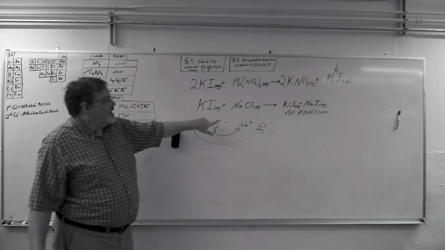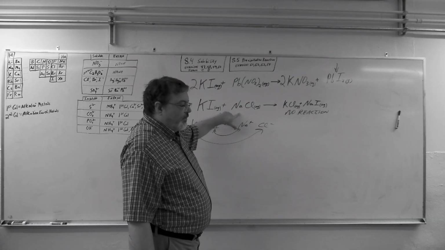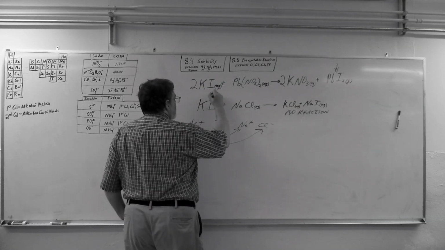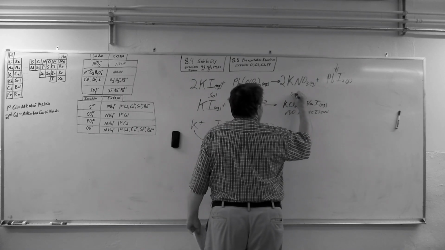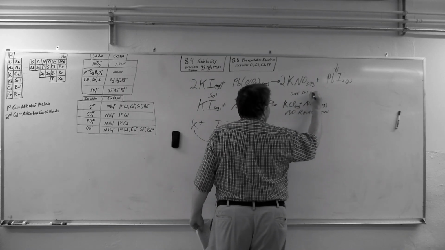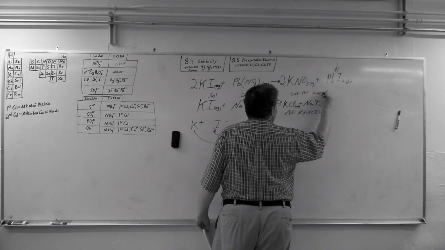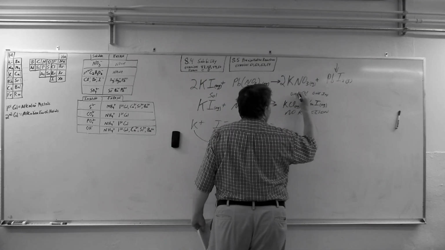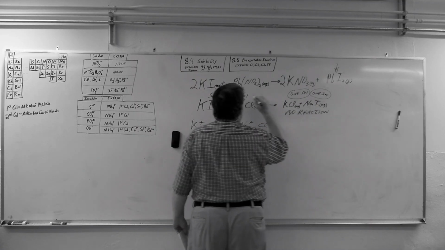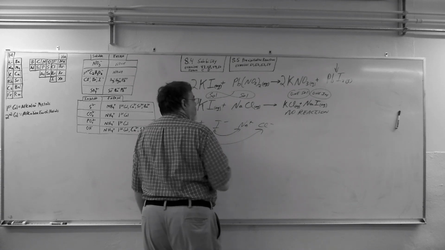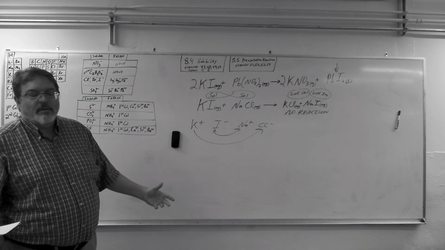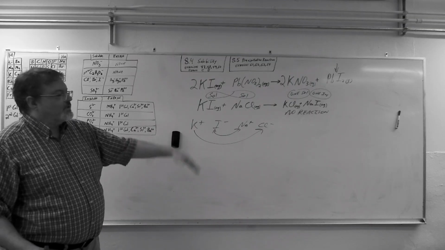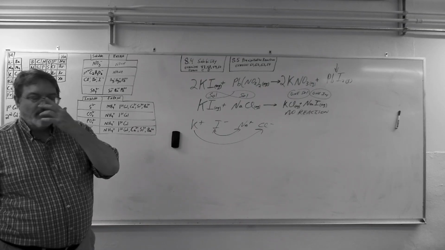So at minimum, you need these two both to be soluble and one soluble and one insoluble over here. That's the condition you need to have a reaction, to get a precipitate. Any other situation and you will not have a reaction occur.